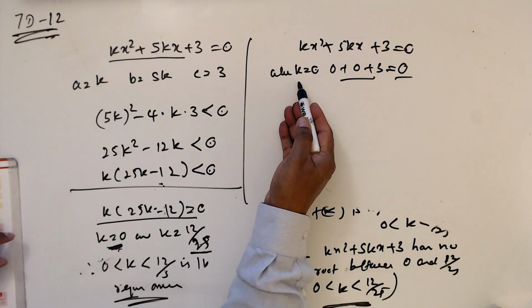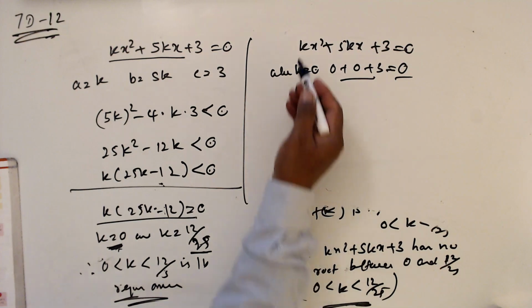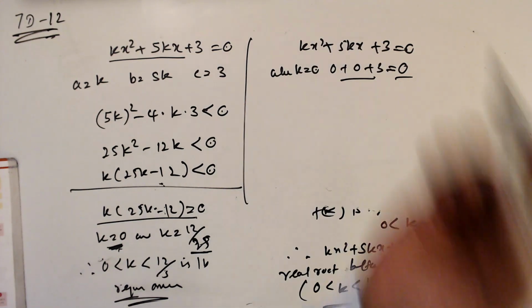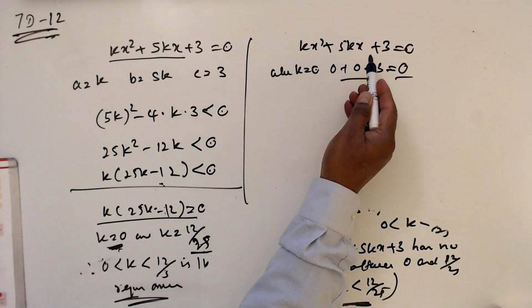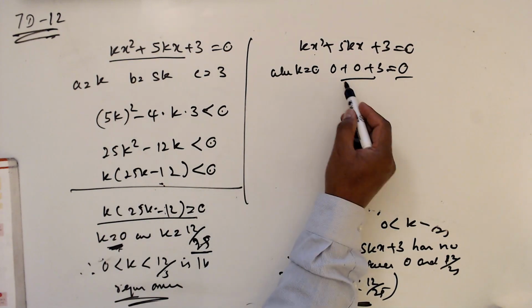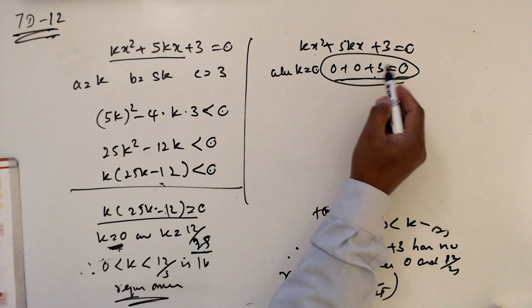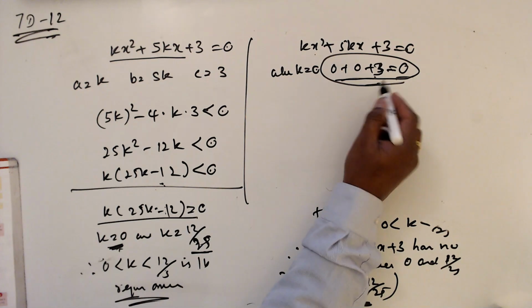For k equals 0, this doesn't match. For other k, it depends on x values. But when I put k equals 0, I can get rid of x. This is a special value I can check straight away without the help of x. So k equals 0 doesn't satisfy.